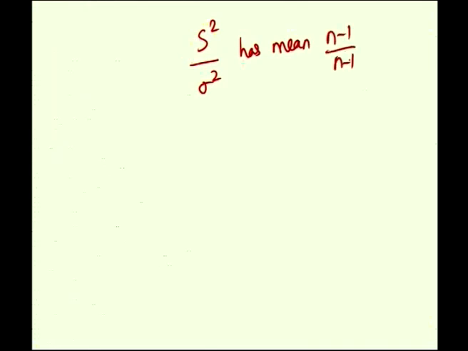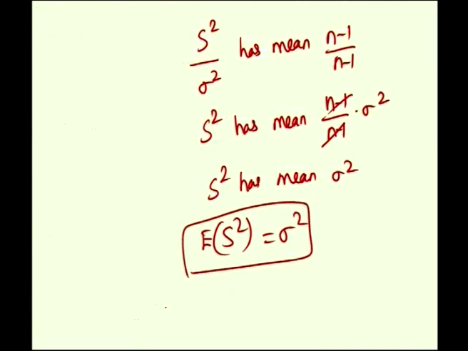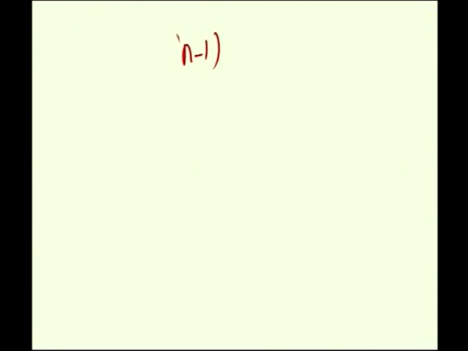N minus 1 goes to that side. Similarly, S square has mean (n minus 1) by (n minus 1) into sigma square. When you cancel, we have S square has mean sigma square. That is, expectation of S square is equal to sigma square. This is proved. Similarly, discussing the variance, we will then derive the standard deviation.